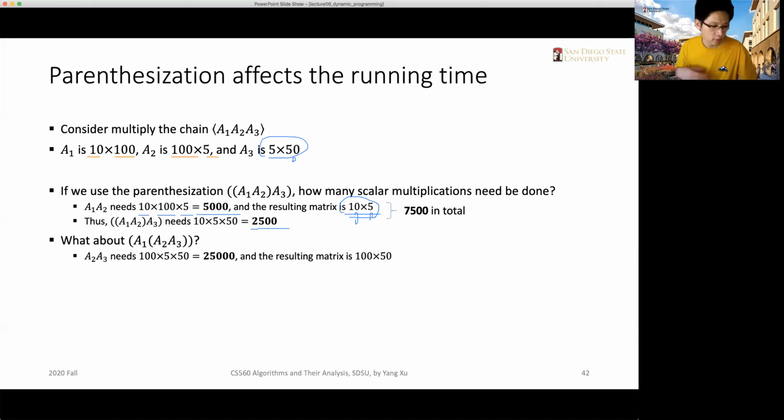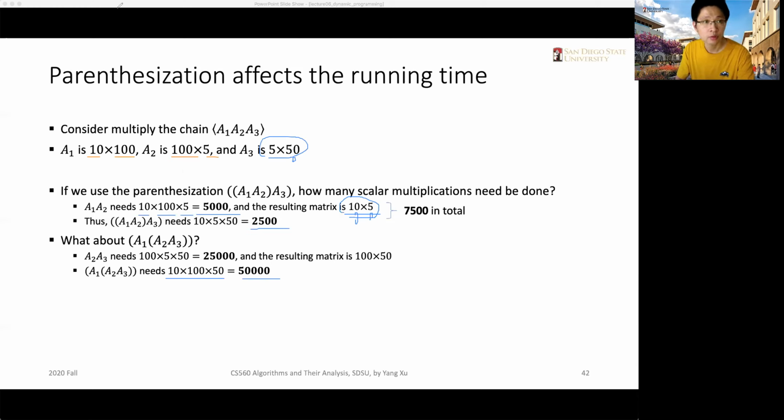And the resulting matrix is 100 by 50. We'll need to multiply that resulting matrix with A1. And that second step requires even more computation. It's 10 times 100 times 50, which is 50,000.